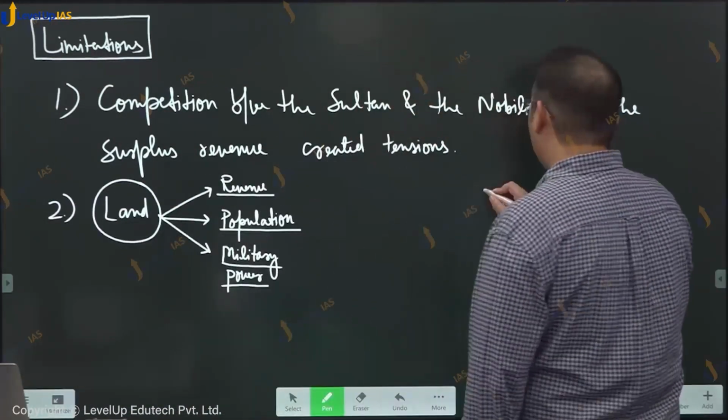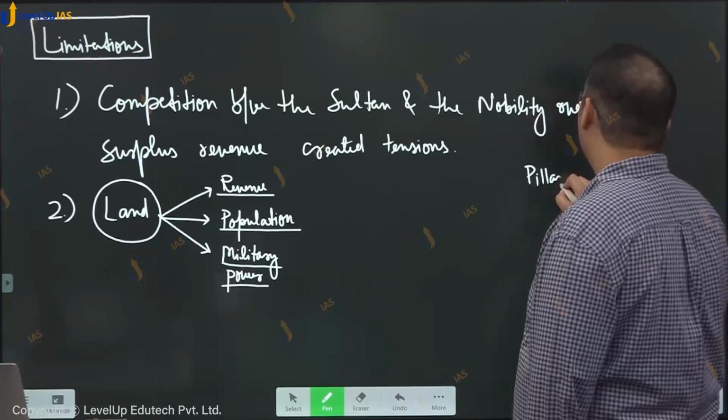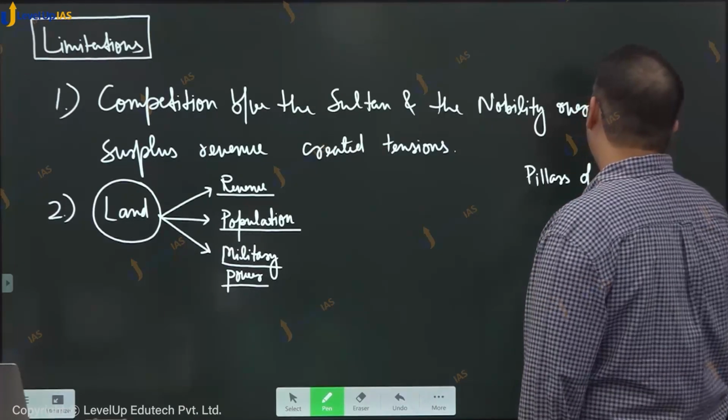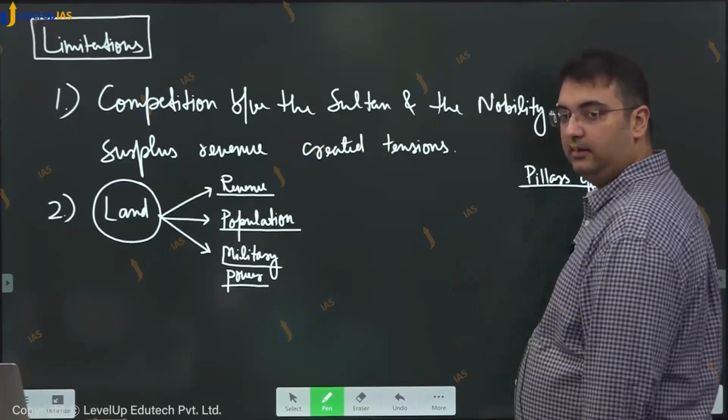Now what are the chief pillars of any state? क्या होता है?